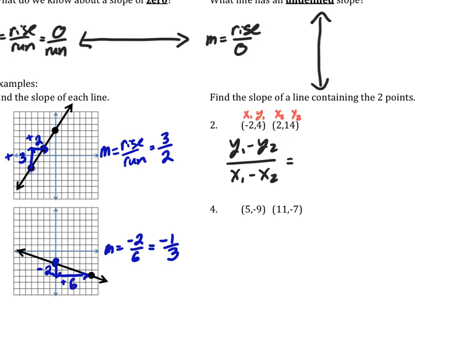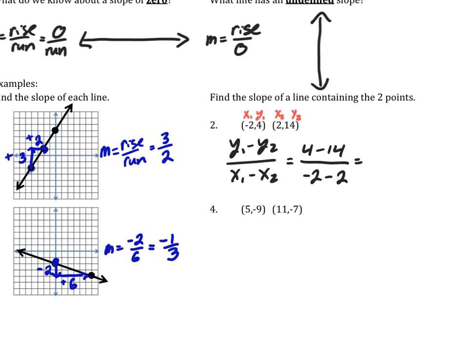So do pay attention to the order in which you're going. So if I go 4 minus 14 for my y values there, when I look at my x, I have to do -2 minus 2. My suggestion would be in your calculator or whatever application you're using as a calculator right now, try to type this in all as one fraction, or we can simplify it by hand.